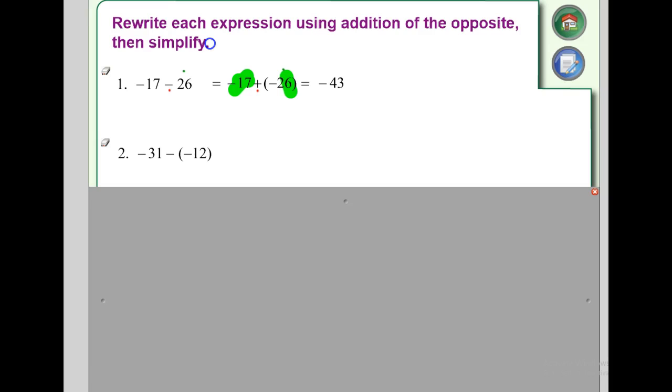So if you look at number 2, we've got -31 minus -12. So let's rewrite it. We've got -31 plus 12. Did you see what happened? Yes, that minus sign became a plus. The opposite of -12 is +12.